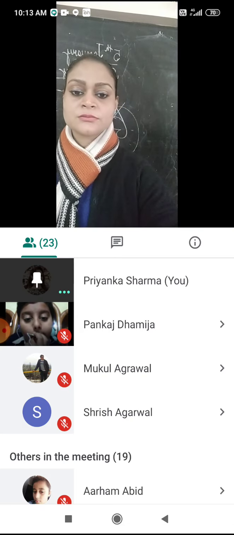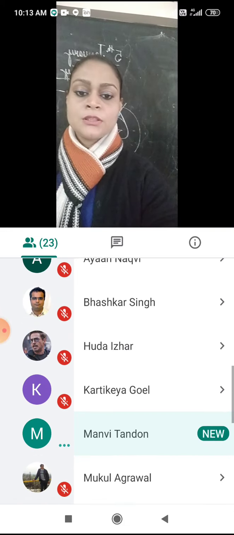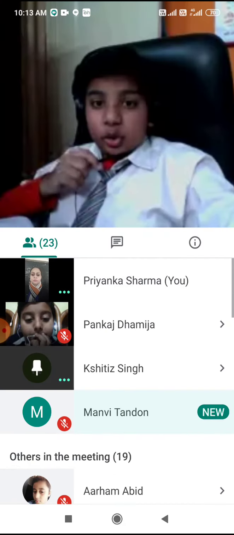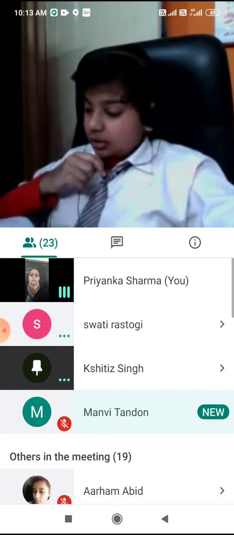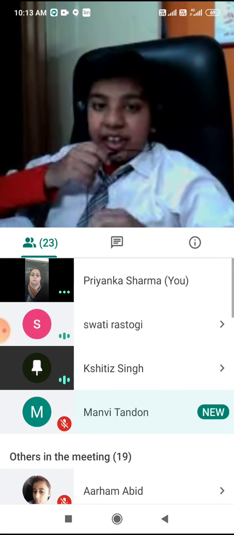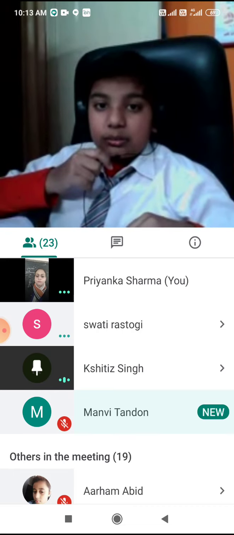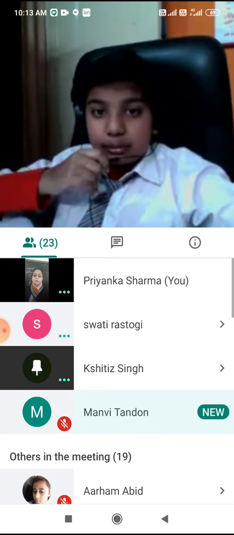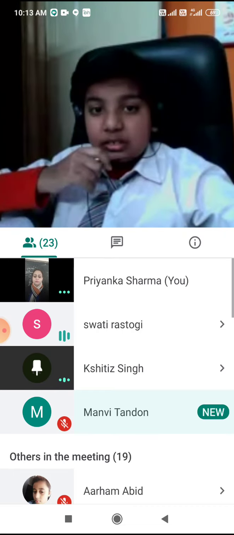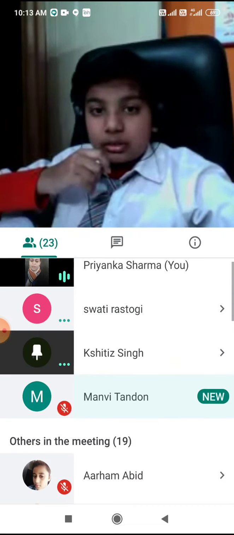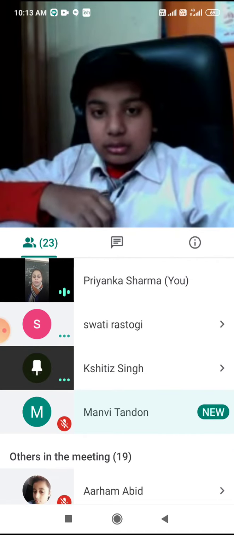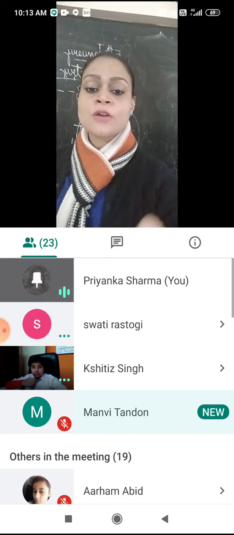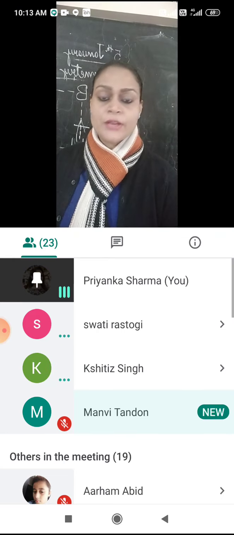Kshitij, answer. Yes, 2 examples of a cuboid. Shoebox and butter box. Okay, 2 are enough. Then 2 examples of a cylinder. No, cylinder we are not doing.